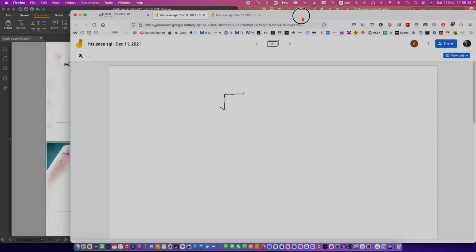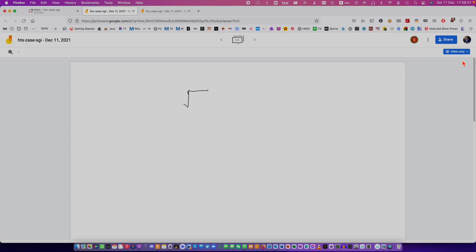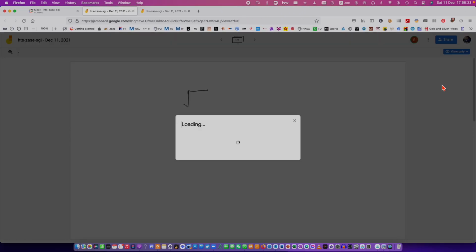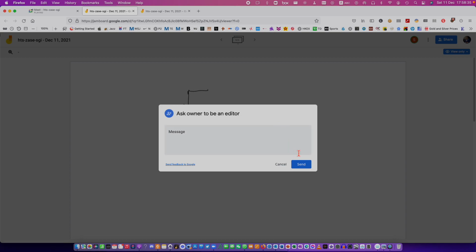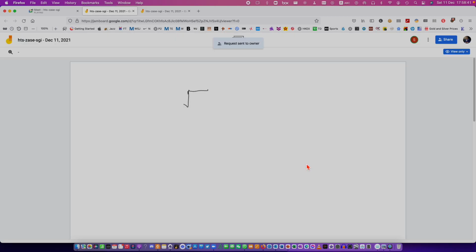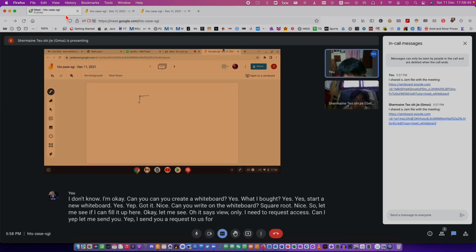Let me see if I can fill it up here. It says view only. I need to request access. I send you a request to ask for permission to write. Did you receive that?